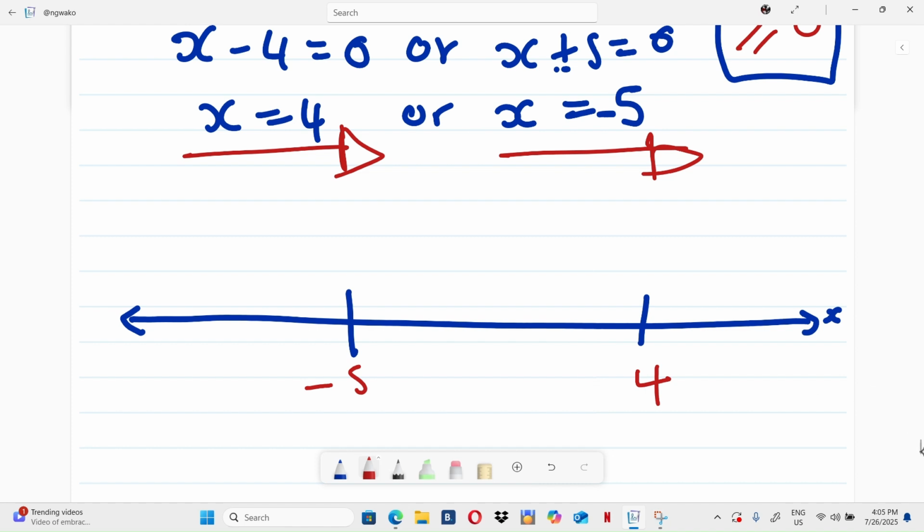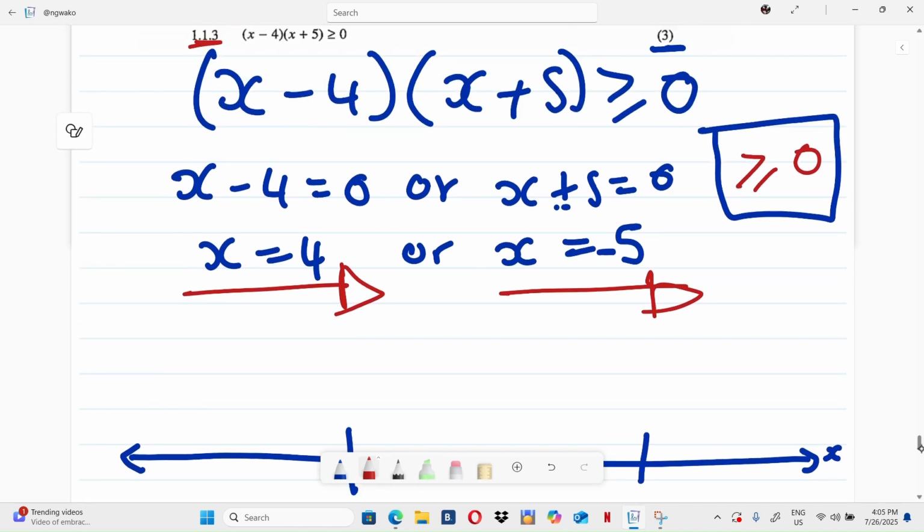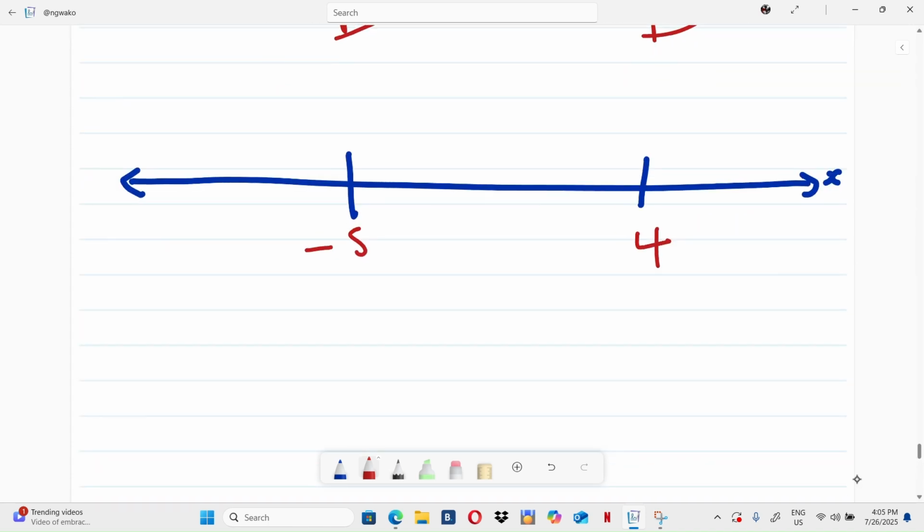Now, how do you know which one is greater or which one is less? I'm going to help you with that. Remember, I told you to put this greater or equal to 0 aside. Here's the part that helps. When you look for x where it's greater or equal to 0, remember, the first thing we did was find where it was equal to 0, and this -5 is a point where we found out that it was equal to 0.